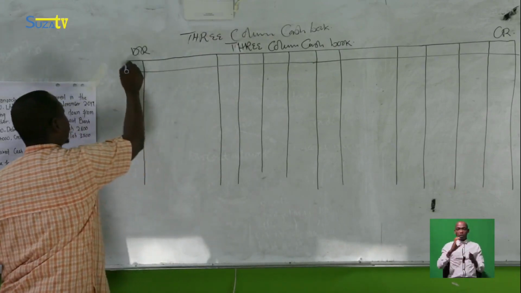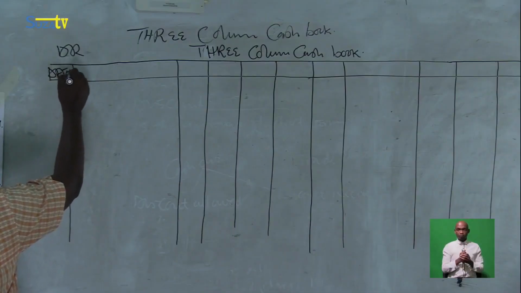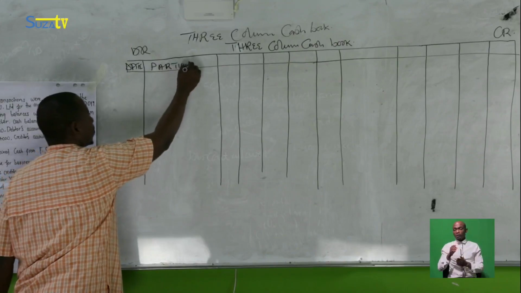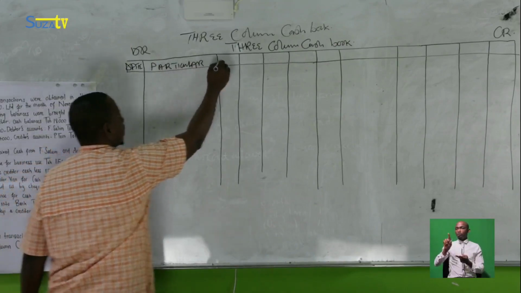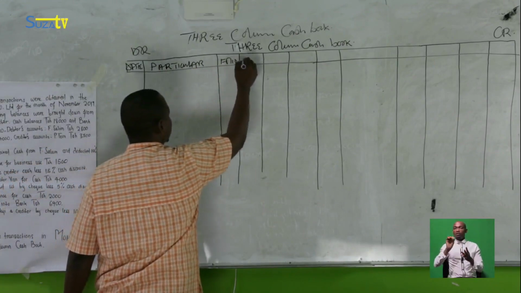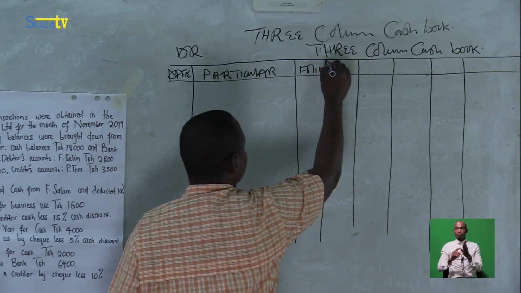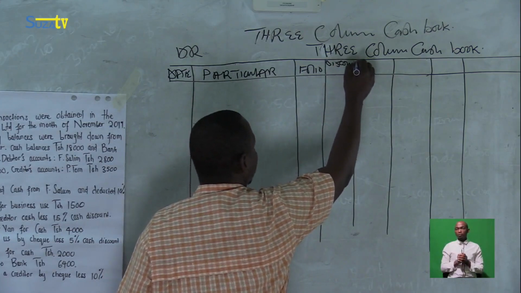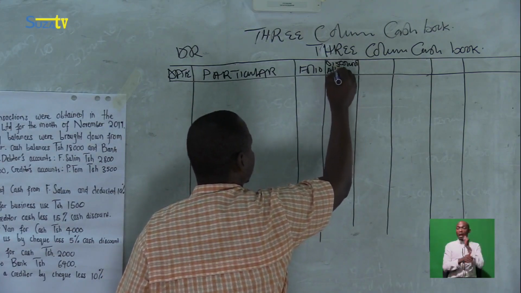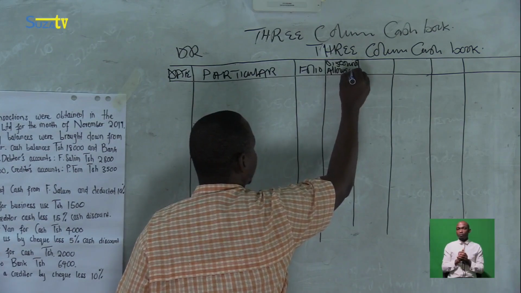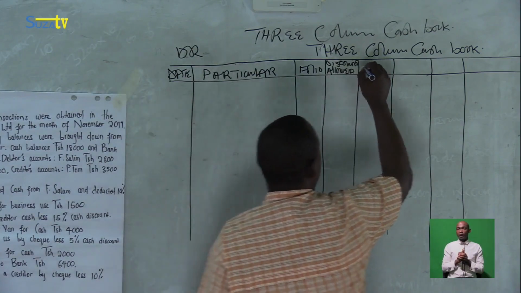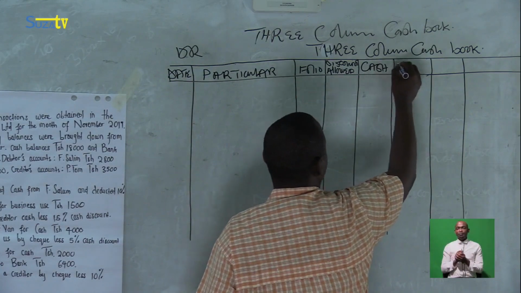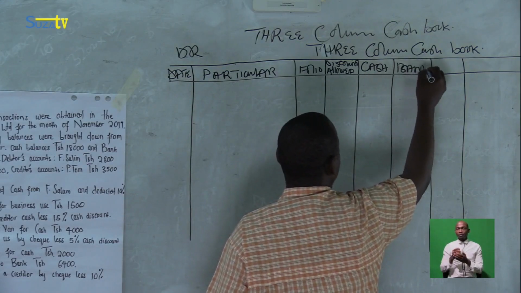Here you have the column of the date. Here, particulars. And here, folio. Then you put discount allowed. Here you put cash. Here you put the bank column.